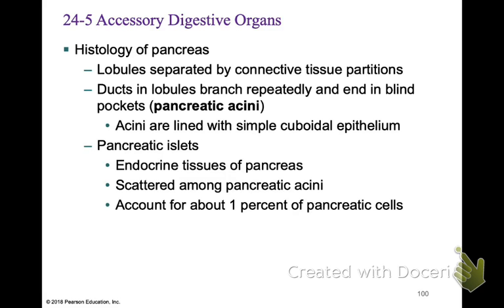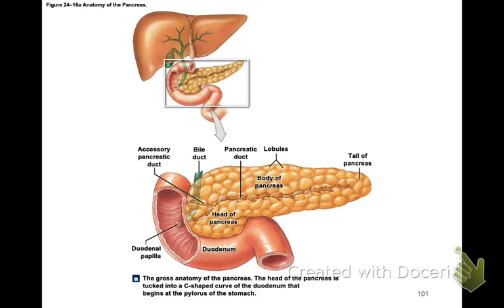But for now, we need to talk about the acinar glands, the acini, and these are exocrine tissues. They are just little blobs of glands with ducts, and all their little ducts are interconnected to get to that main pancreatic duct. So here you can see the main pancreatic duct. In the head of the pancreas, you can see the little accessory pancreatic duct there. Each has its own connection into the duodenum.